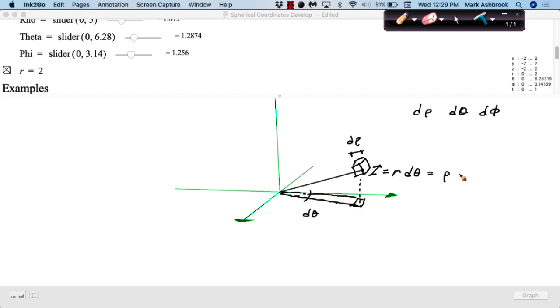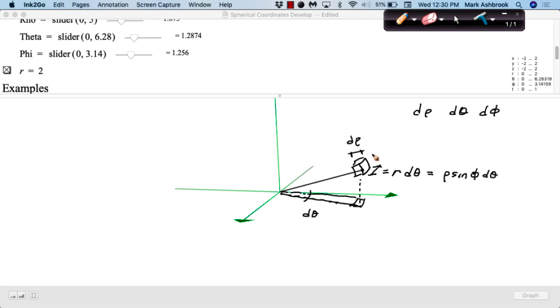Rho sine phi. So that's what r is. It's rho sine phi, and then d theta. Are we good so far? That r d theta is really the same as cylindrical coordinates, and that'll be that little dimension. Okay, so what's left is this dimension right here, here to here.